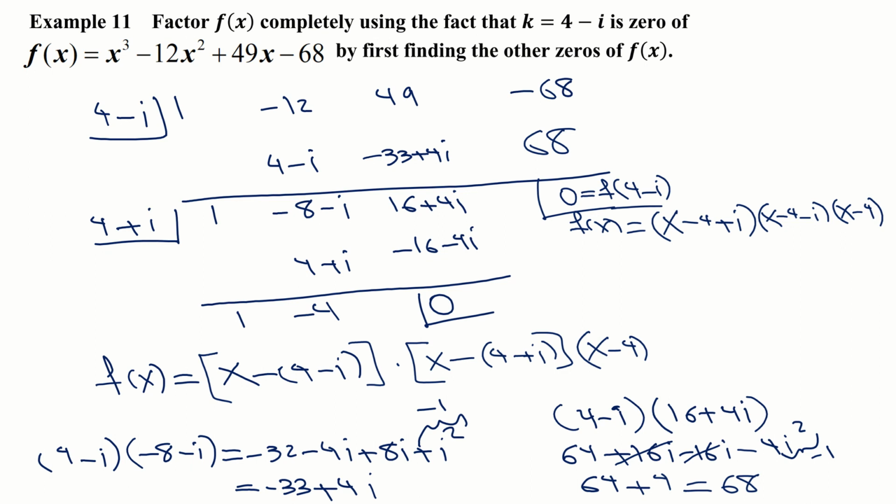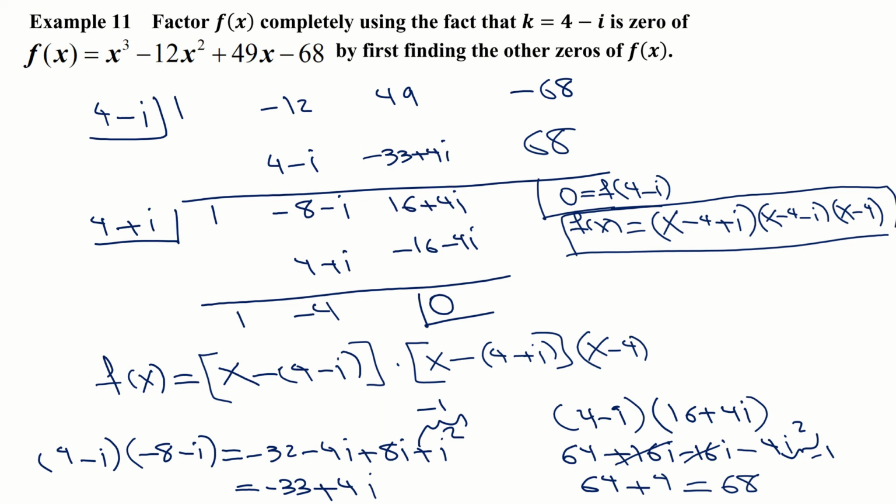So there is the completely factored form of this polynomial. These are, of course, all linear expressions, so they're called linear factors of this cubic polynomial, okay? All right, so make sure you have that down.